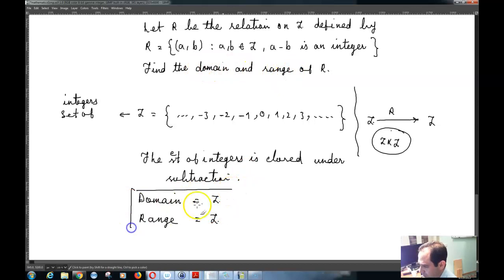That's basically your answer. So number 9, the domain of R and range of R are both the set of integers.